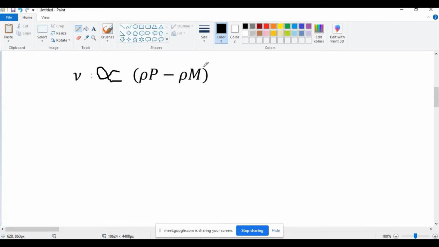So as a result, this difference will be negative, and as a whole the velocity will also be negative. That means the particles will not sediment. Another point you can see is that the velocity will increase when this difference is more.